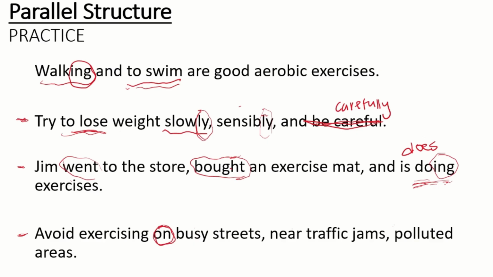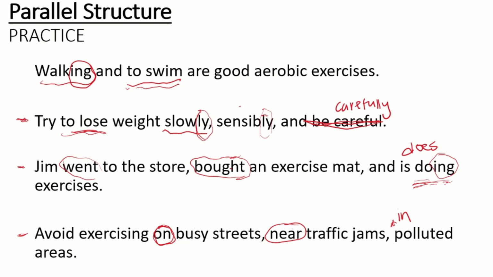You'll notice here that the sentence reads, avoid exercising on busy streets near traffic jams, and then it's missing what would be the preposition that we would introduce here. Well, polluted areas, you could be in a polluted area. So avoid exercising on busy streets near traffic jams in polluted areas.